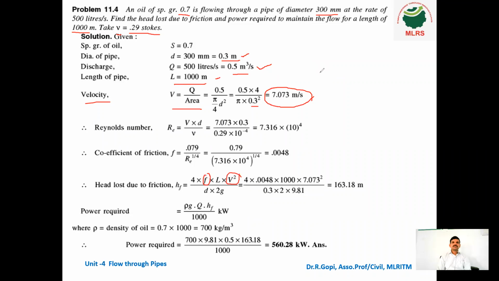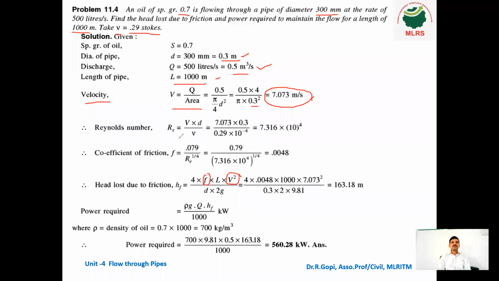Take that liquid as some oil, because the specific gravity is less than 1. If the specific gravity is 1, it is water. If it is less than 1, it is other than water, somewhat oil. In this problem the given specific gravity is 0.7, so it is less than 1.